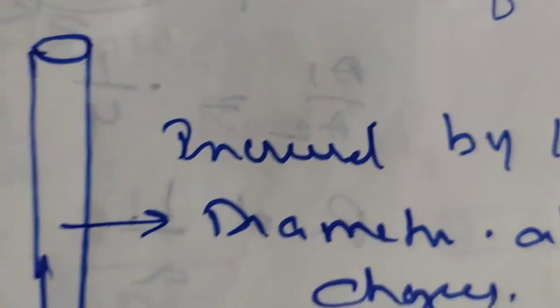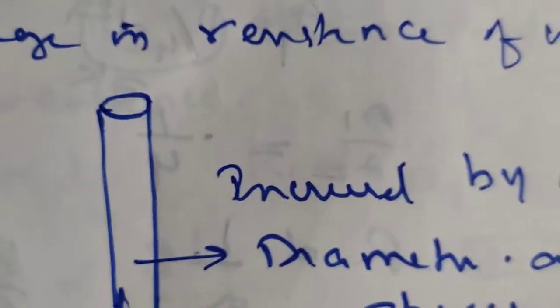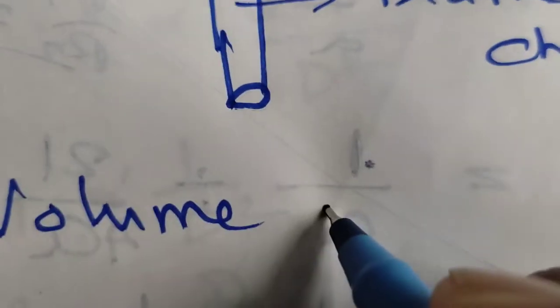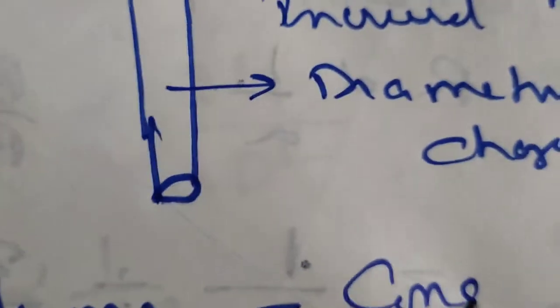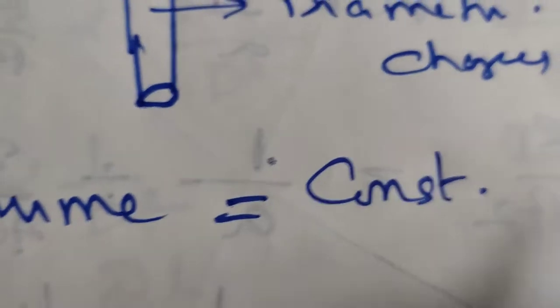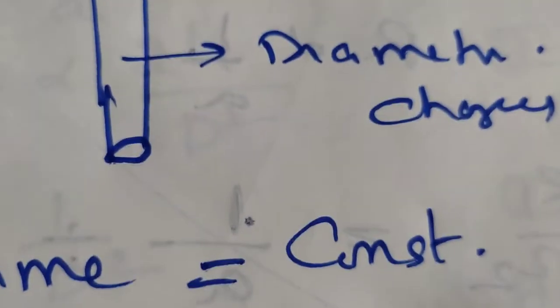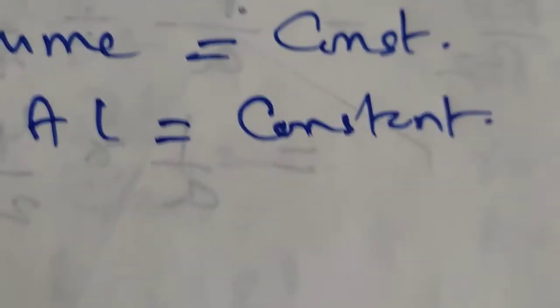But see that even if the length is increased, the volume remains constant. So area into length is a constant.